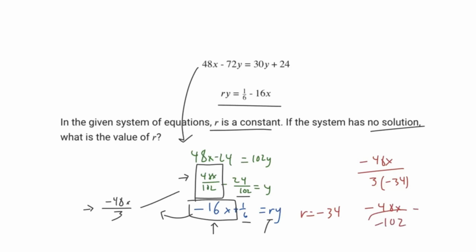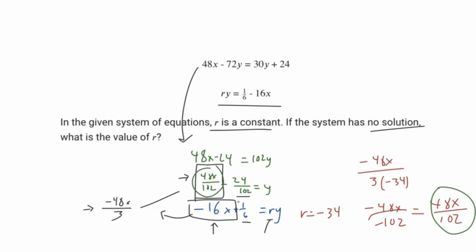So negative 48x over negative 102, like we said before, is the same thing as just 48x over 102. So we can see now that these slopes do line up, right? 48x over 102, 48x over 102. It's kind of messy, but you get the idea.